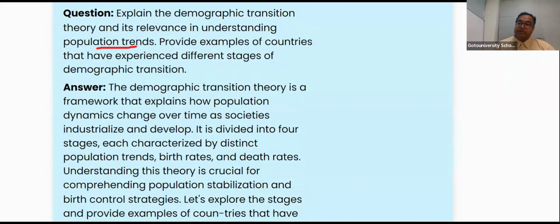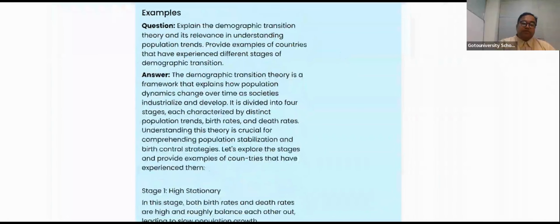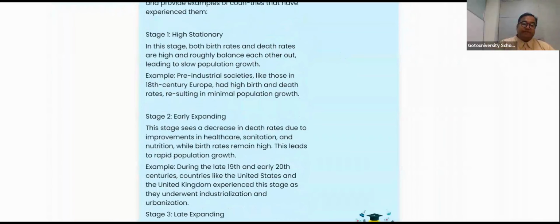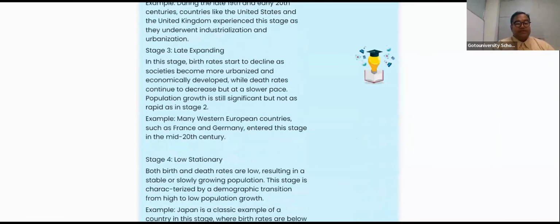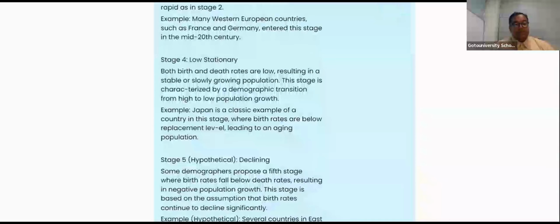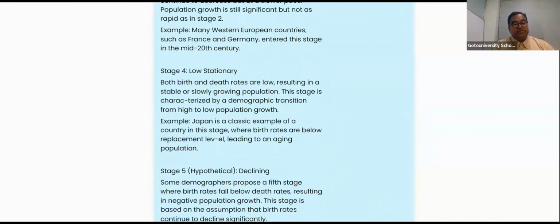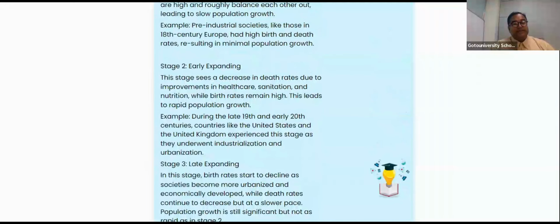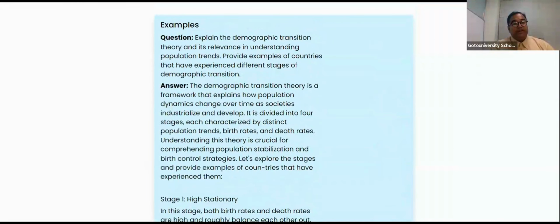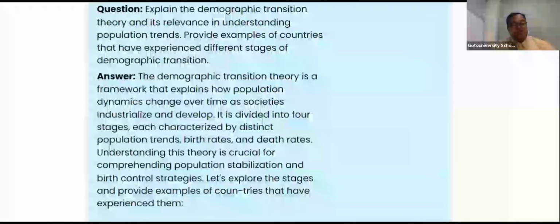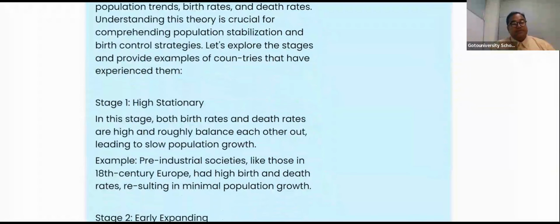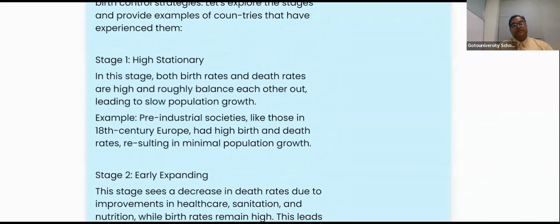So we talk about high stationary, early expanding, late expanding, low stationary, and declining. In all these 5 stages, this is one of the classic worked examples we need to narrate for this particular question.